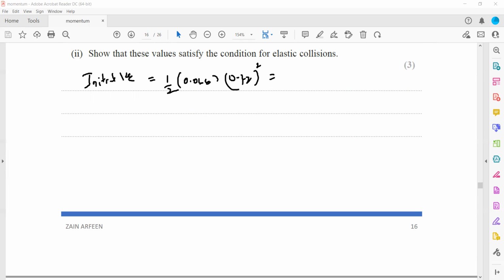This will give us the initial kinetic energy before.